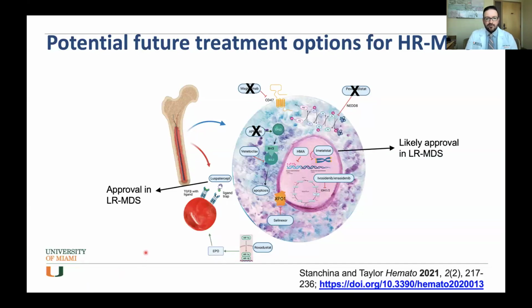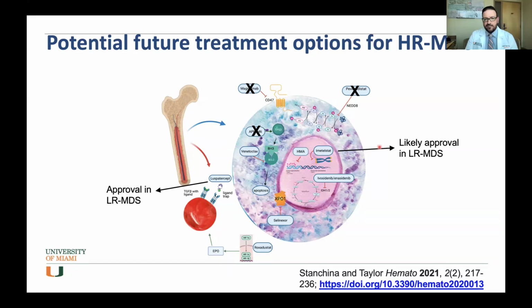I mentioned there were some approvals in low-risk MDS, such as luspatercept, and this drug imetelstat had a positive study. It will likely get approved in low-risk MDS. It was voted favorably on by the FDA advisory committee, but the FDA has not yet approved it.